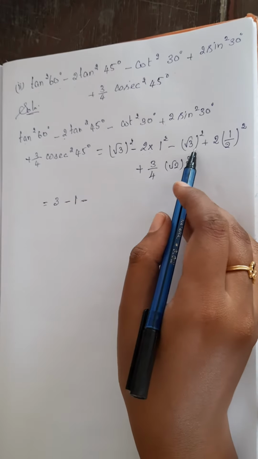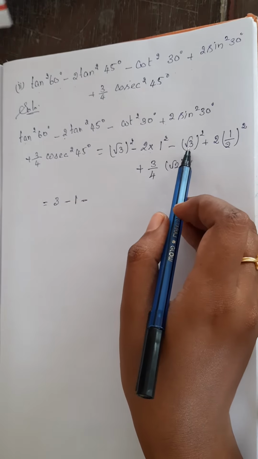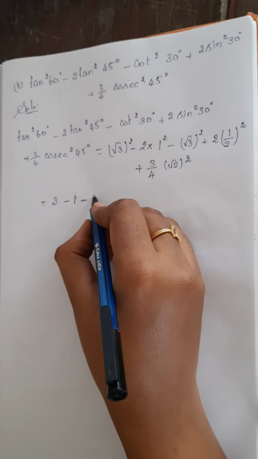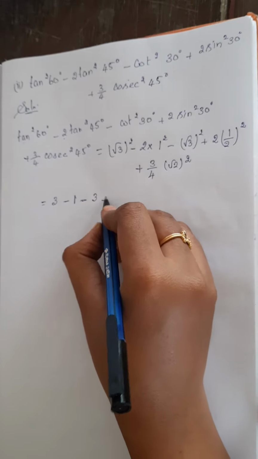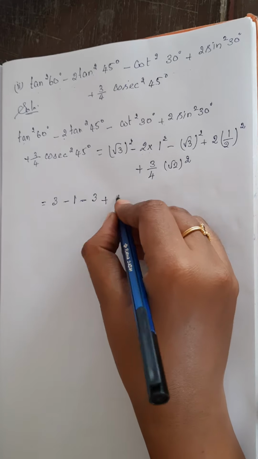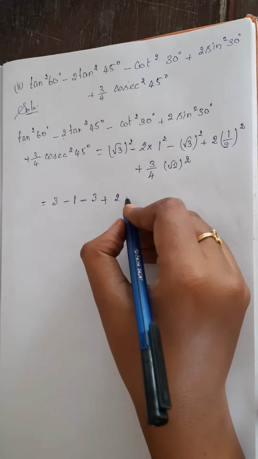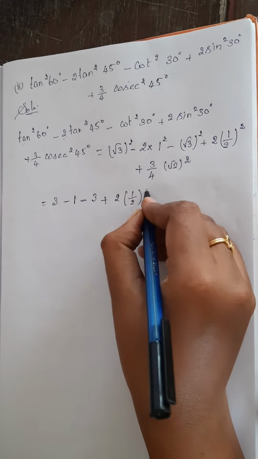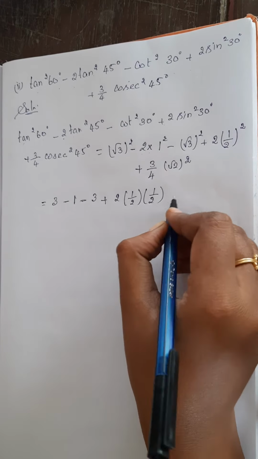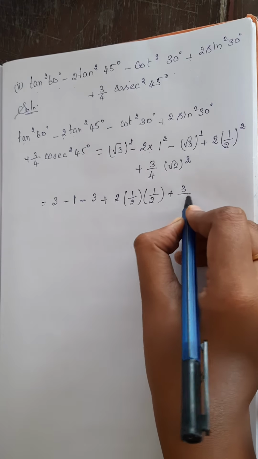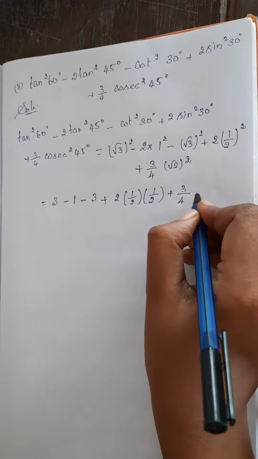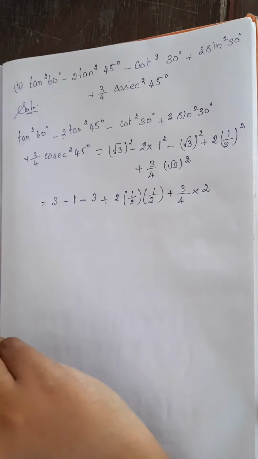Minus, tell me this value. Square root and square will be cancelled. Only 3 remains. Plus, then 2 into the square 1 by 2. And 1 by 2 plus 3 by 4, cancel it, 2 will come.